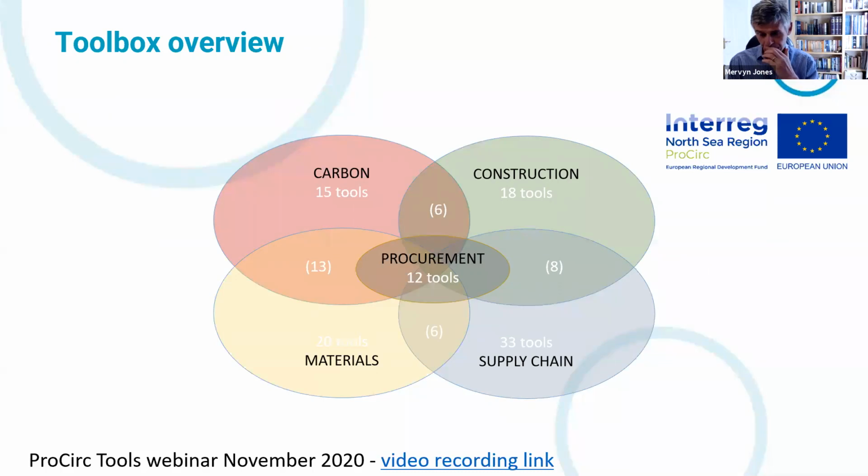There's an overlap, a very strong overlap in terms of construction and carbon, again for obvious reasons, because of the mass and the volume of materials being used within construction projects, that the carbon footprinting of construction in pretty much any sector always comes up highest. And also in terms of spend, when we look at procurement, the spend in terms of construction always tends to come up highest.